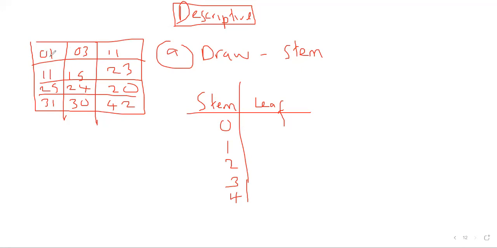So we have 0, 1, then 0, 3. Then the next number is what? 11, which is 1, 1. What's the next number? Another 11. Then on the ones, we also have 15. And on the twos, the smallest is 20, so 2, 0. Then 23, 2, 3.